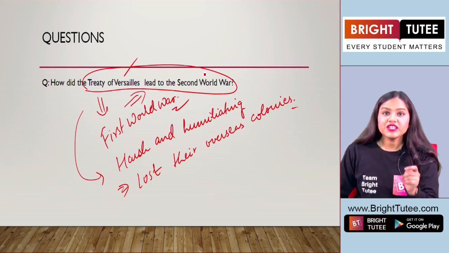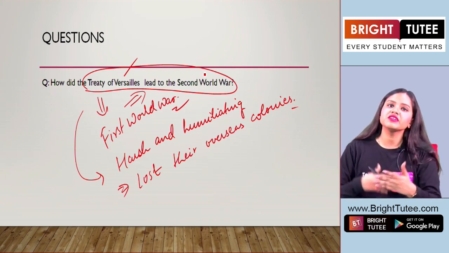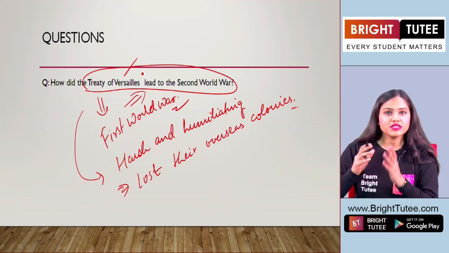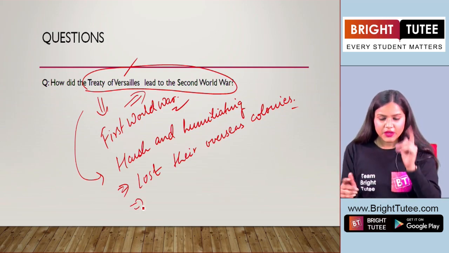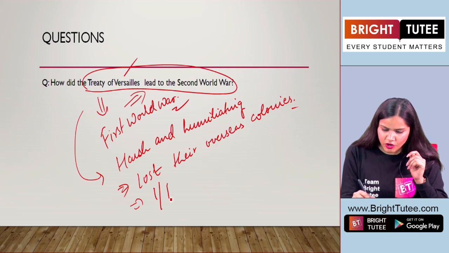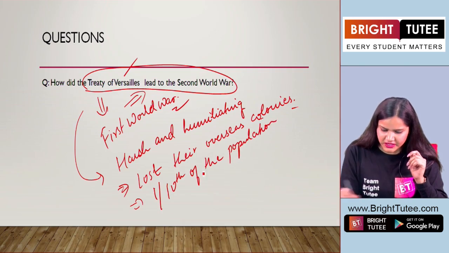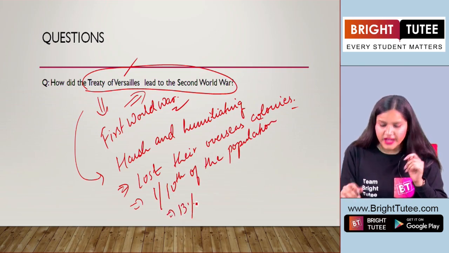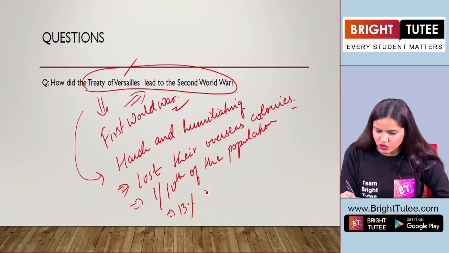So here just mention these things, the situation that was created after the Treaty of Versailles was signed. So they lost their overseas colonies. We also learned that they lost 1/10 of the population, 13% of the territories. Now in short, I am just trying to explain the basic points that we have learned in this topic. So they lost 13% of the territories.